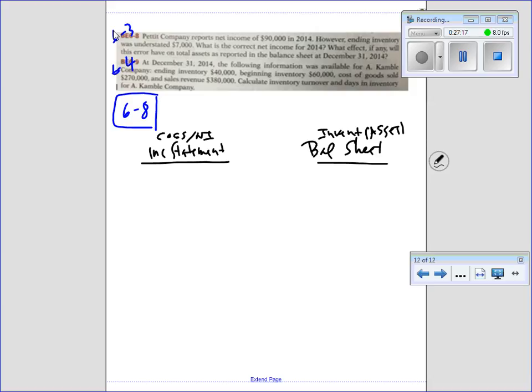I made a note before I even did this. I basically said we have $7,000 worth of inventory sitting around than we originally thought.